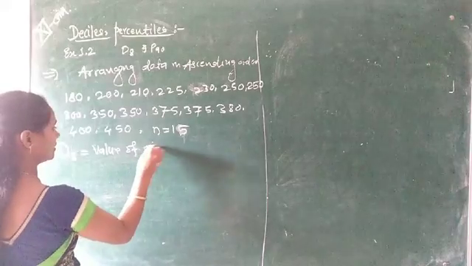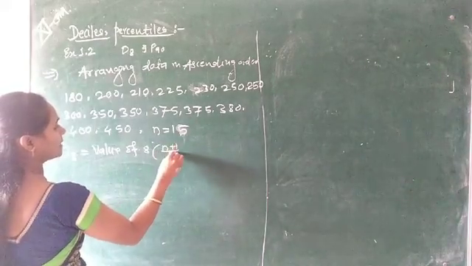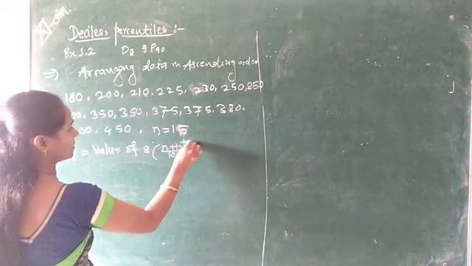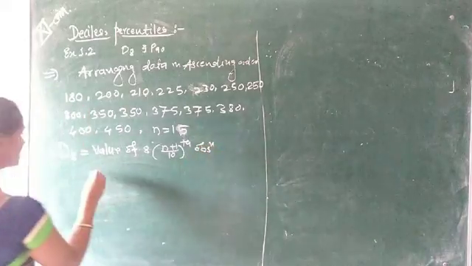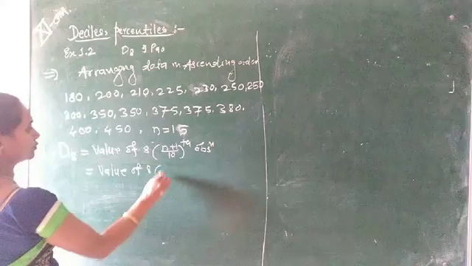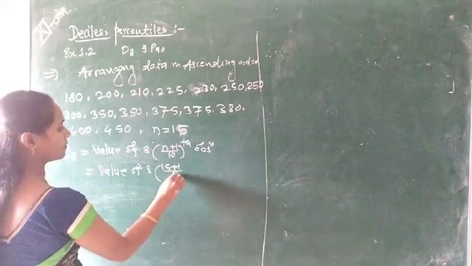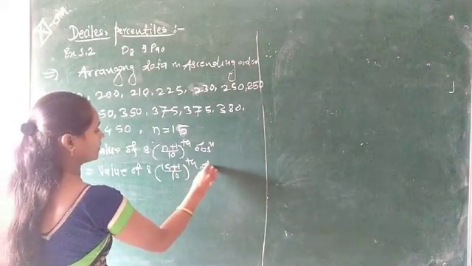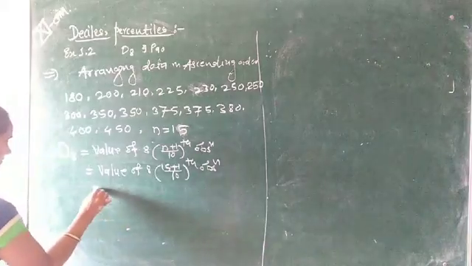D8 is equal to the value of 8 into n plus 1 upon 10th observation, which is the value of 8 into 15 plus 1 upon 10th observation. 15 plus 1 is 16.